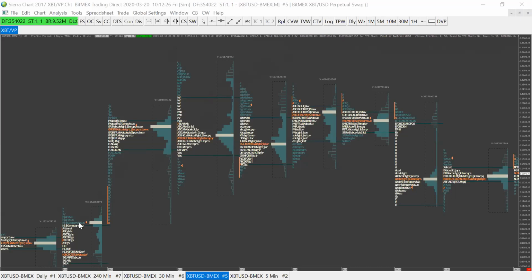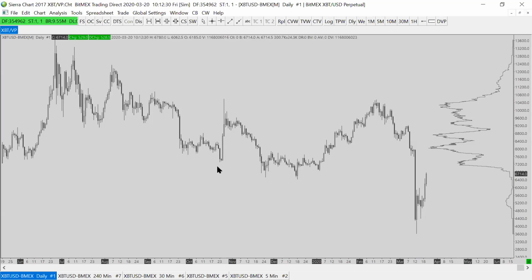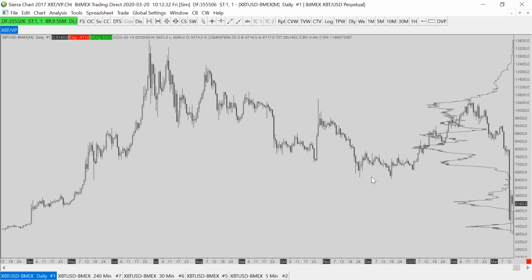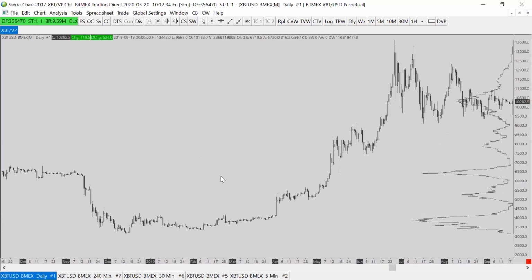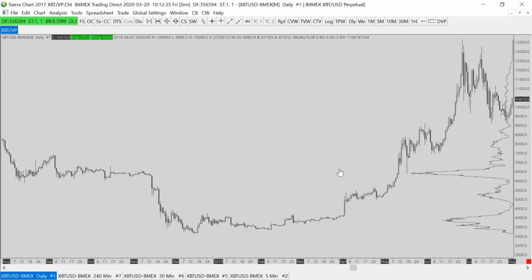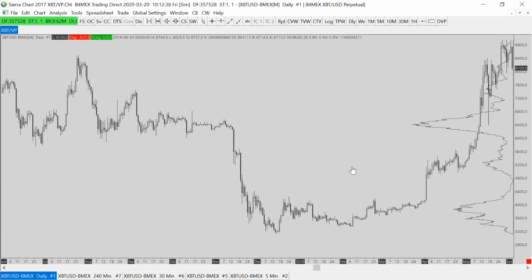So let's see if I can get an example on the composite profile. Okay, these are nice examples. So when price is consolidating like it is here, or like it is down here, on whatever time frame, there's relative stability or equilibrium on this time frame, in this case the daily.